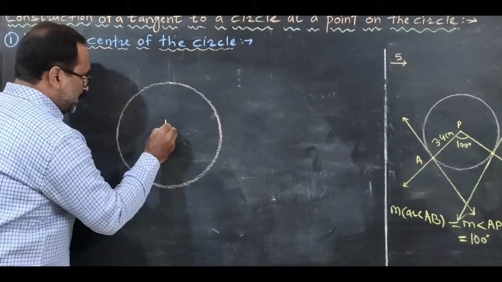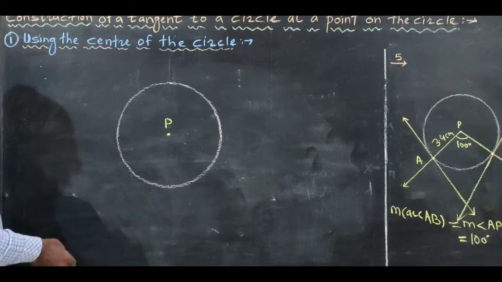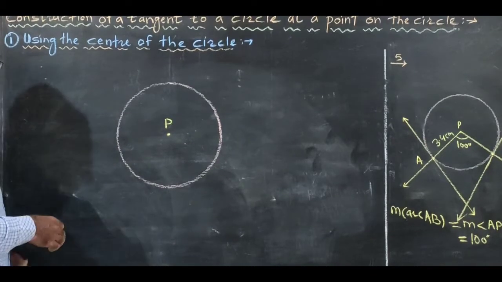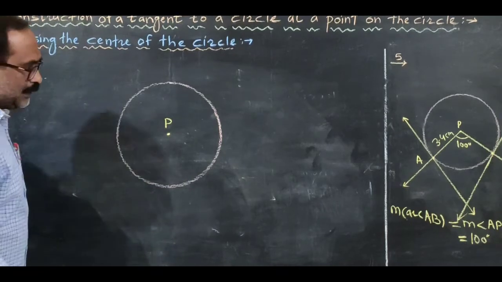This is point P, center of the circle. Now we draw arc AB of 100 degree. To draw this arc, we draw the center angle APB of measure 100 degree.